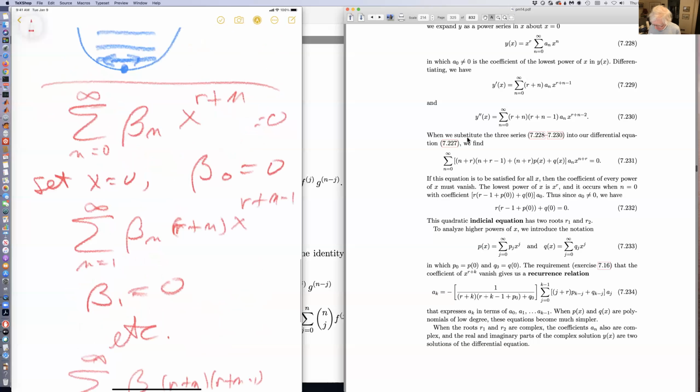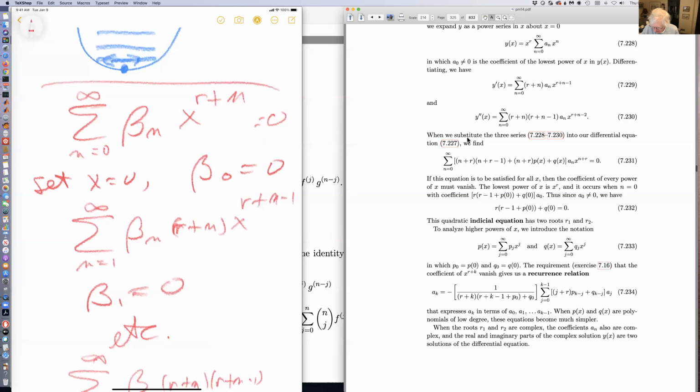So let me make sure I've got this exactly right here. I think actually I shouldn't have done that. I should have said that one, because I think what one does is one differentiates maybe r times.